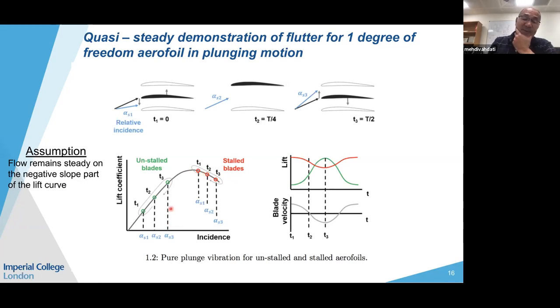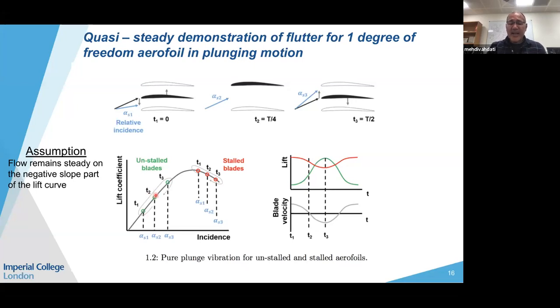But just for demonstration purposes, you can see this is T1, T2, T3. So as the blade moves, T1 is here, T2 is here, and then it comes back to the original place. You can see that as the blade moves up, it goes to a higher angle of attack.